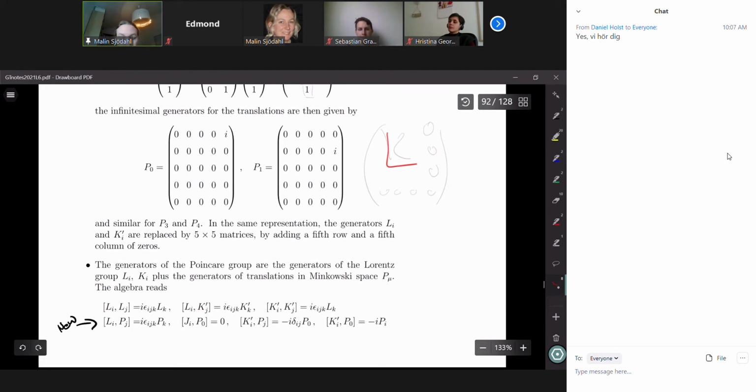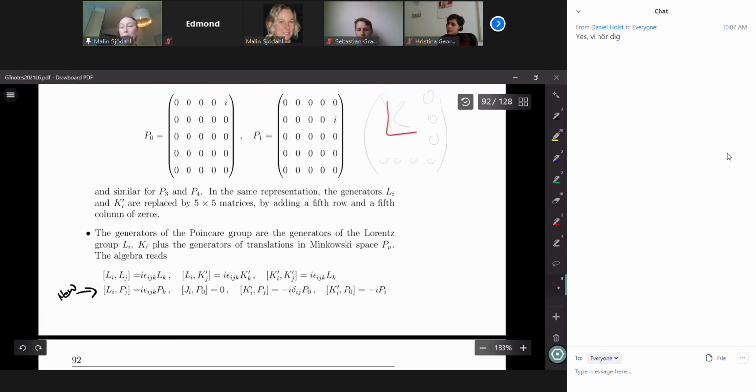Boosts and translations in space give us something only if the index is the same, and a boost involving coordinate I combined with a time translation gives us a translation generator corresponding to the same index.